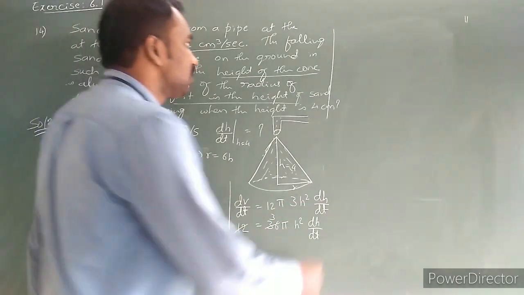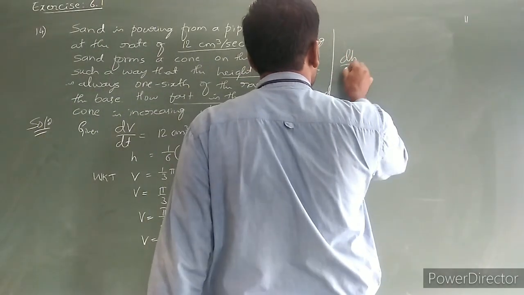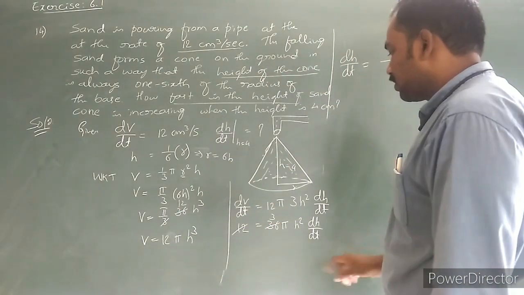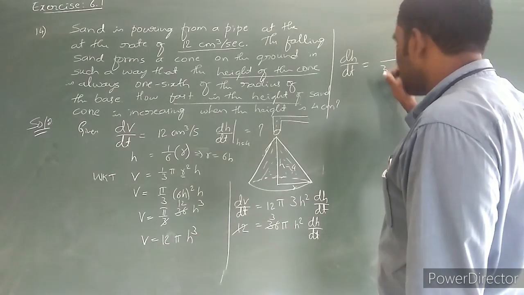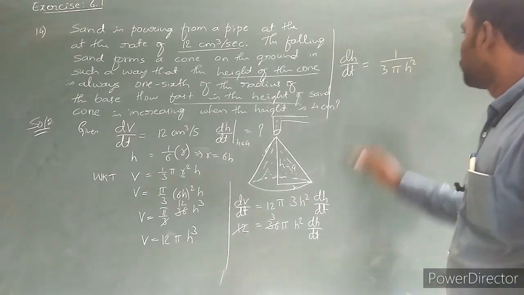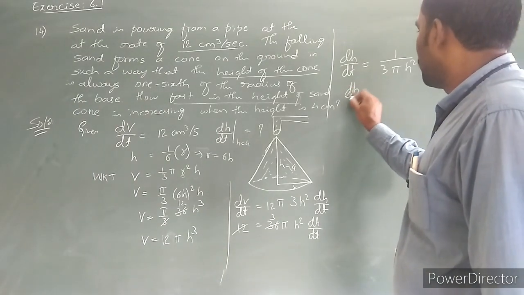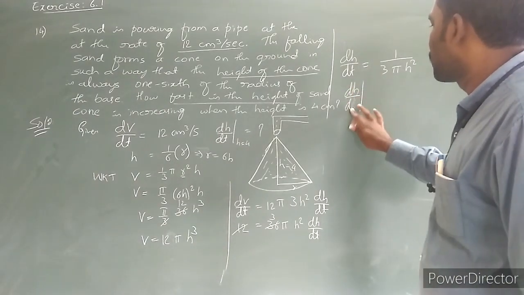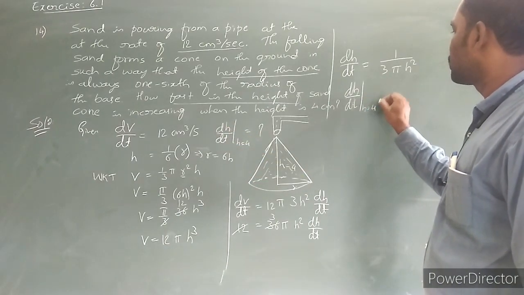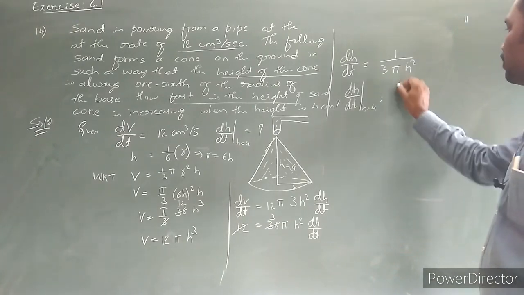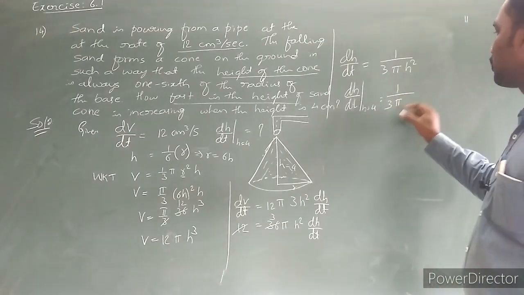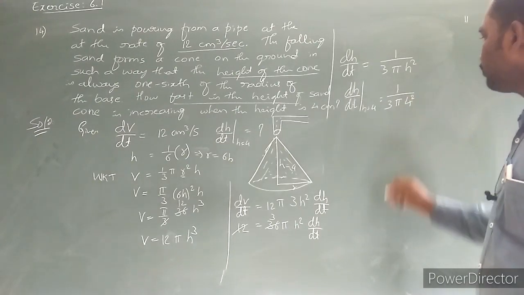Keeping all these values aside, because we need the dh by dt value. dh by dt is equal to 1 divided by 3 pi h square. Now dh by dt at h equal to 4 is 1 divided by 3 pi h square, where h square is 4 square.